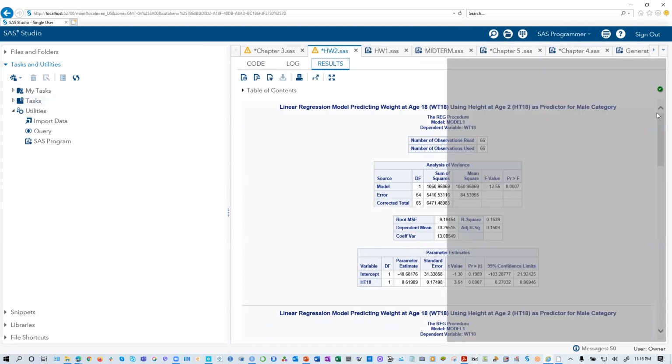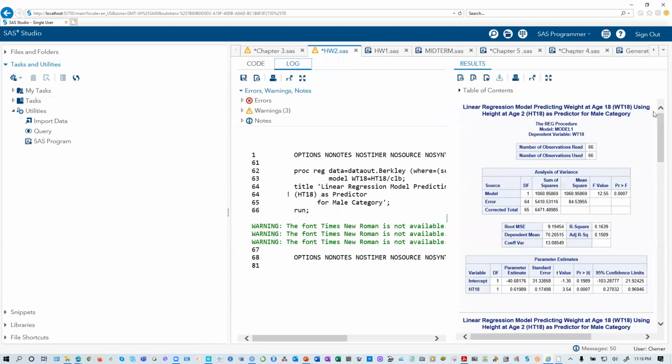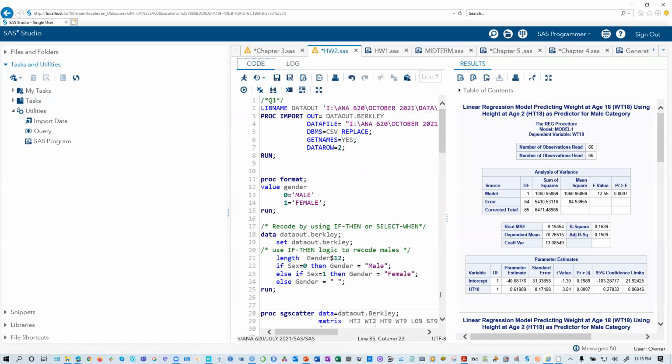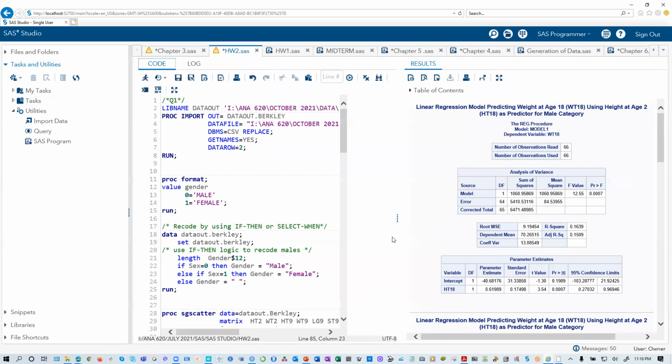Yeah, right there. Now let it go. Now you can click on code on the other side, so we can now see. Yeah, that's good. Can we make it smaller? Yeah, you can make that a little bit smaller.